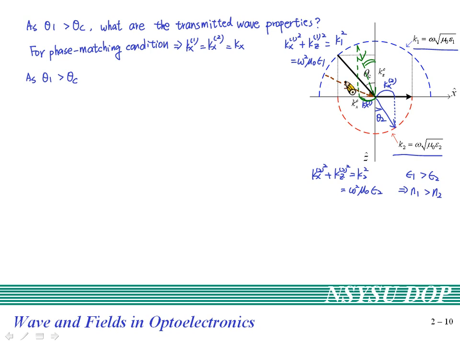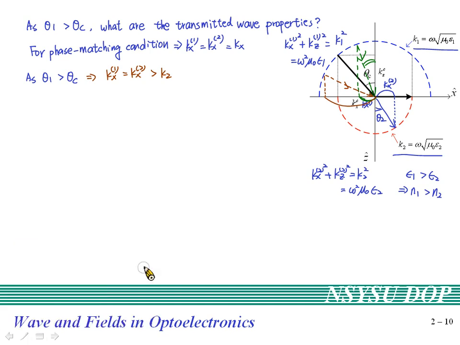And clearly, for this situation, you can see that the kx component, kx1, which should be equal to kx2, is larger than k2. Okay? Clearly, the kx component, kx1, is larger than the radius of the red semicircle.